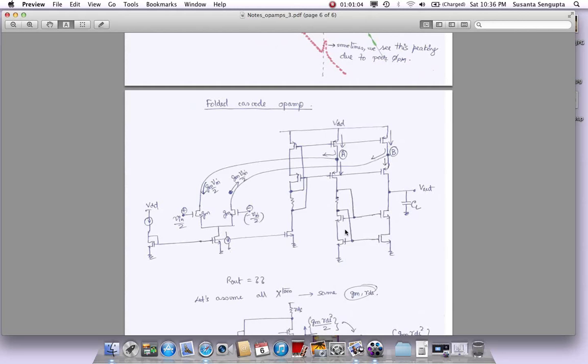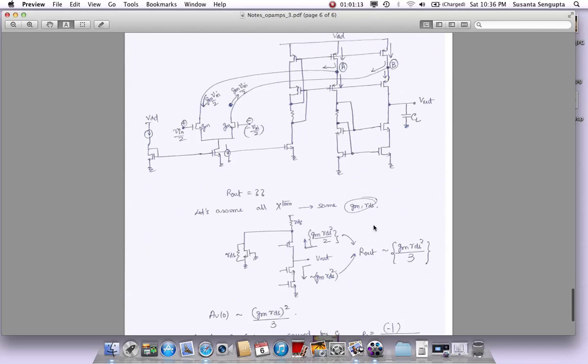We were pushing current, but the way these currents are combined at this output, and it's cascoded, gives an extremely high output impedance, so we have got a gain which is GM RDS square. It's almost like saying you have two stages cascaded, each having a gain of GM RDS. So from a single stage itself, we are getting gain equivalent to a two stage. So this is no less gain compared to the previous configuration that we saw, which had two cascaded stages with Miller compensation.